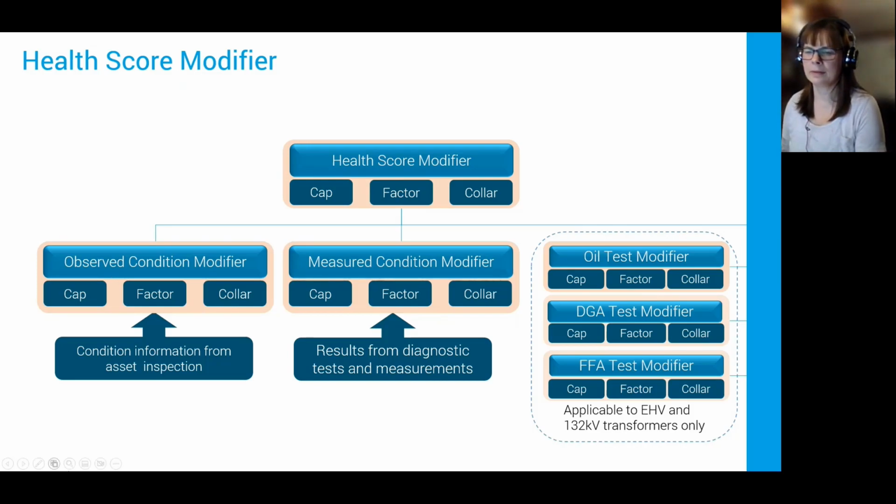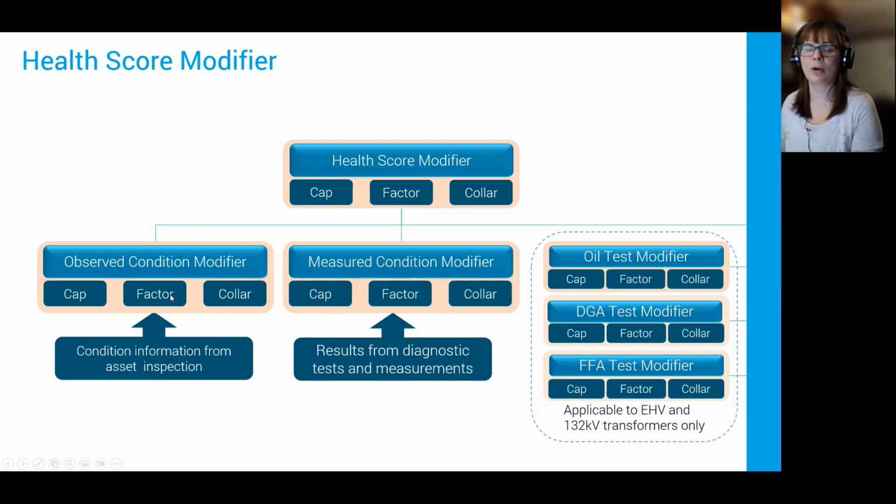And so the different modifiers will be different for the individual asset classes because you have obviously different inspection questions, different relevant tests and things. But for every modifier, we have a cap, a factor and a collar. And the factors are essentially multipliers. So ultimately, we combine all the multipliers and multiply that combined multiplier with the initial health score to get our final health score.